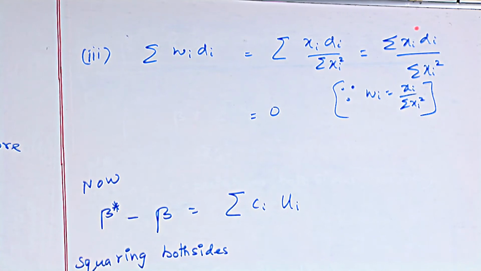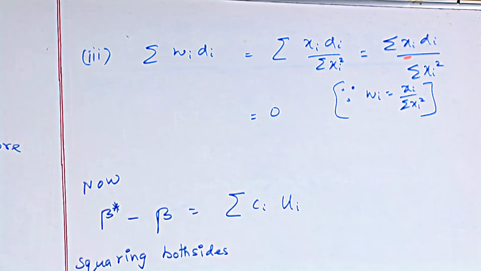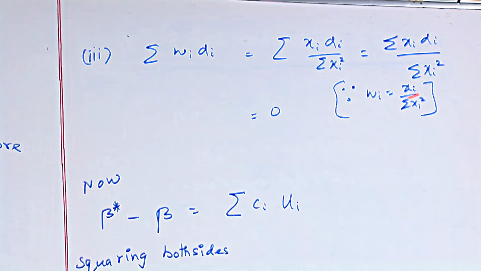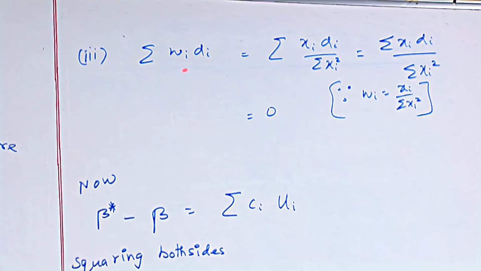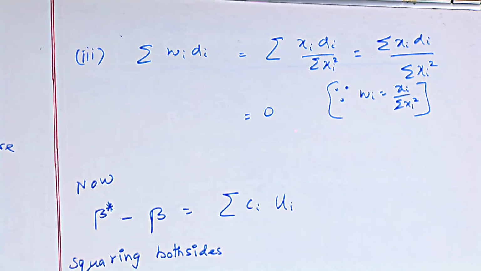We already know Σ xi Di is equal to 0, and so the numerator becomes 0 and the entire expression becomes 0. So Σ Wi Di is equal to 0.